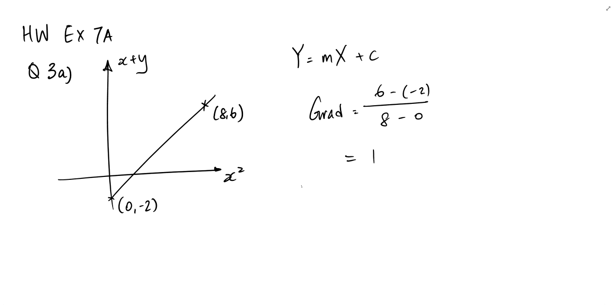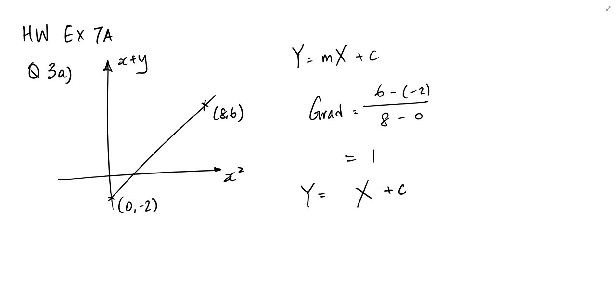So you write big Y equals to 1 big X. Okay? But it looks weird, right? Do we need to write the 1? No need. So it's just X, then plus C. Do you really need to substitute anything to find C?